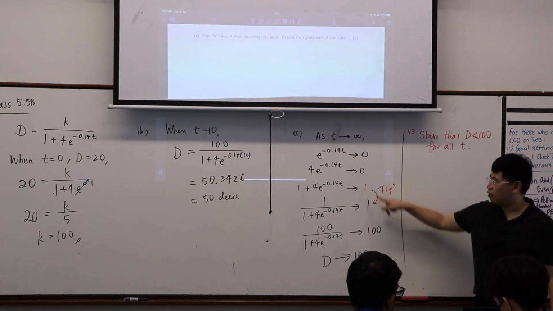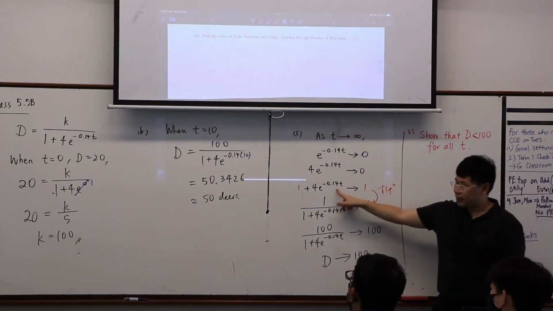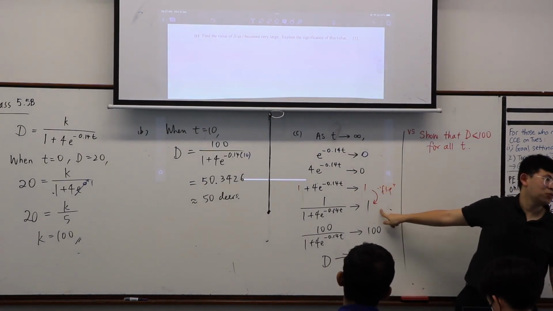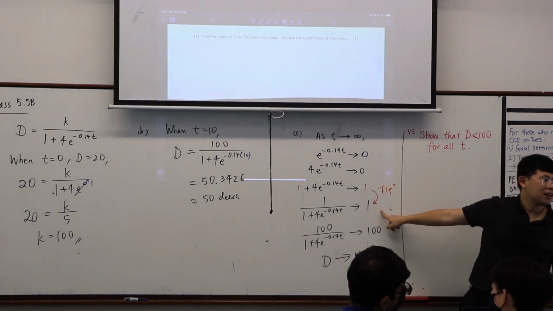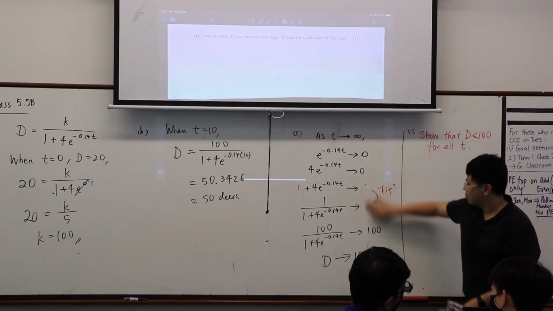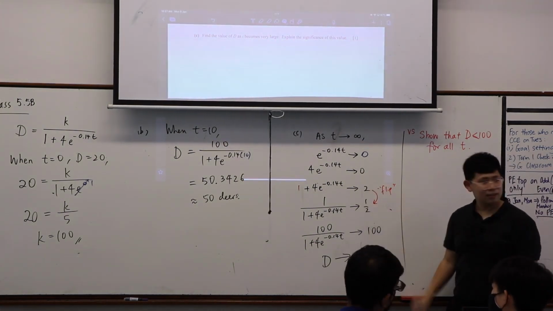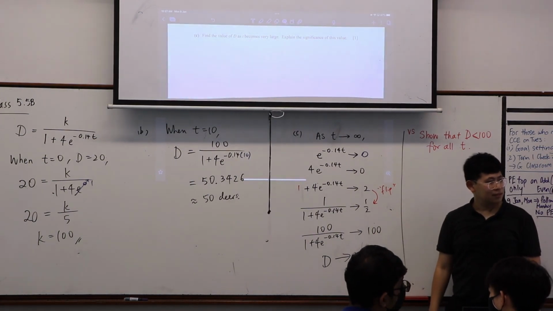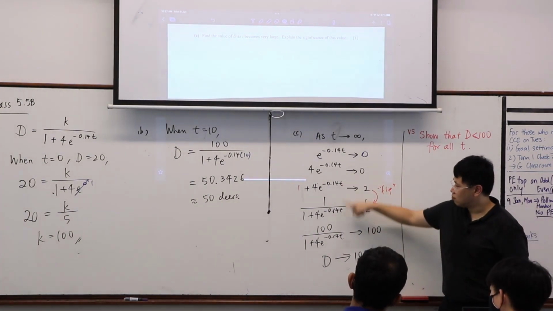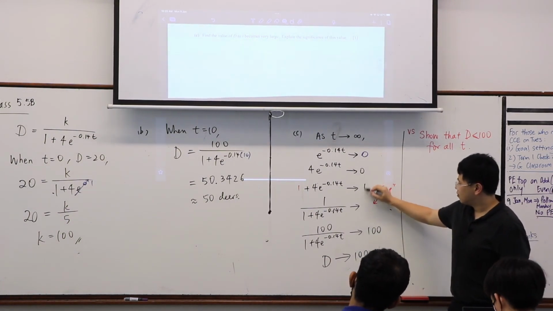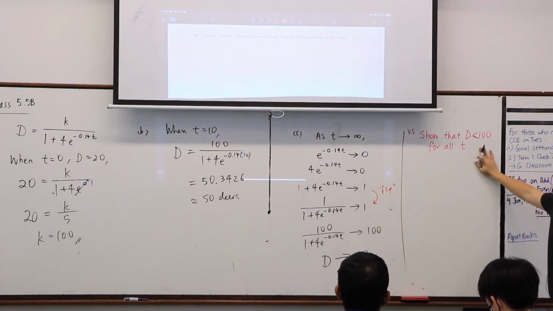Just flip, 1 divided by this. If this is 2, when you flip, it's 1 over 2, correct? Because this side is a fraction, like that.